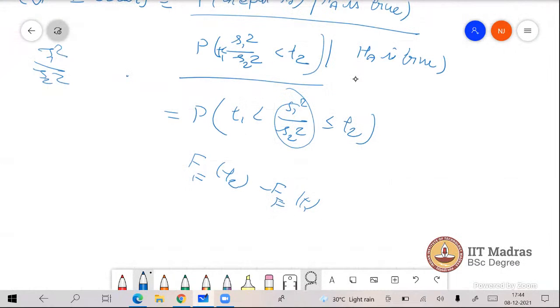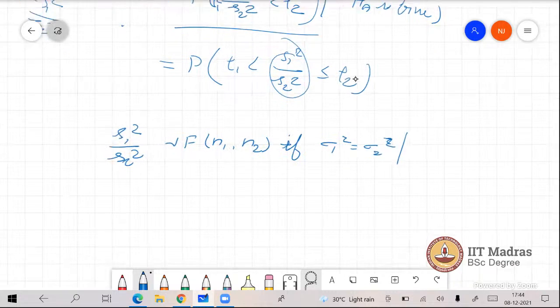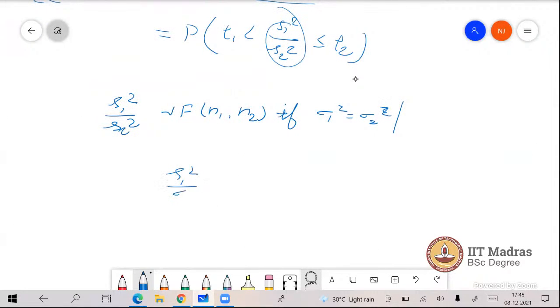This is not true, because remember S1 square upon S2 square follows an F distribution with degrees of freedom n1 comma n2 only when sigma 1 square is equal to sigma 2 square. Actually, S1 square upon sigma 1 square divided by S2 square upon sigma 2 square follows an F distribution with n1 comma n2.